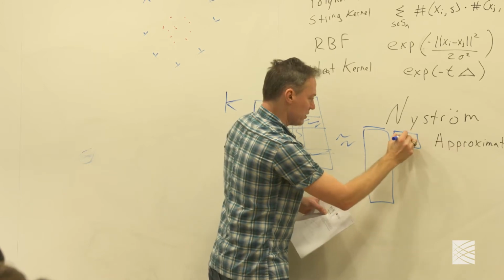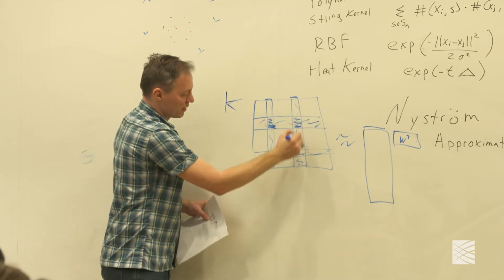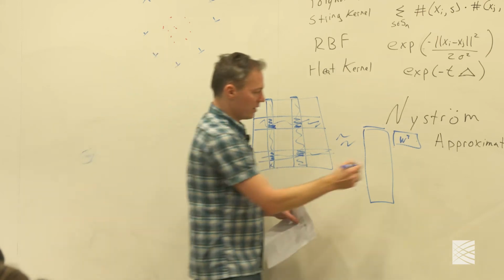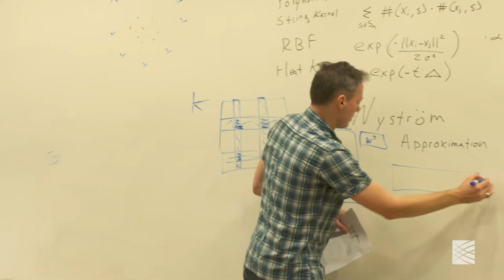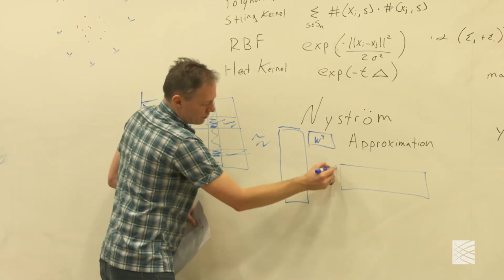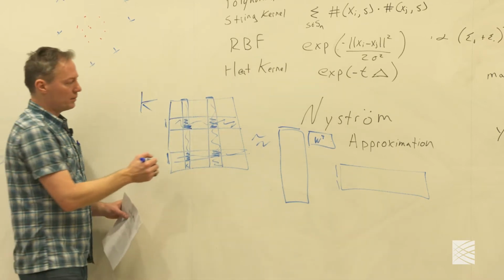I think this is a pseudo-inverse of just this block, this block, this block, this block, okay? And then the transpose. So the rows.